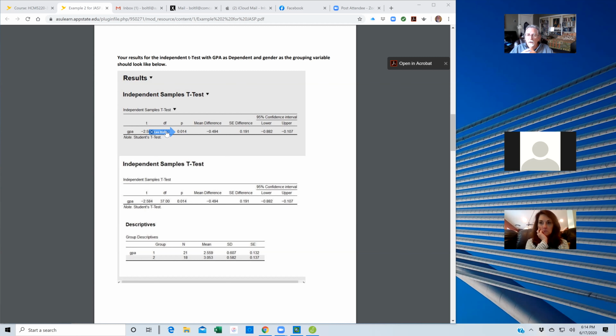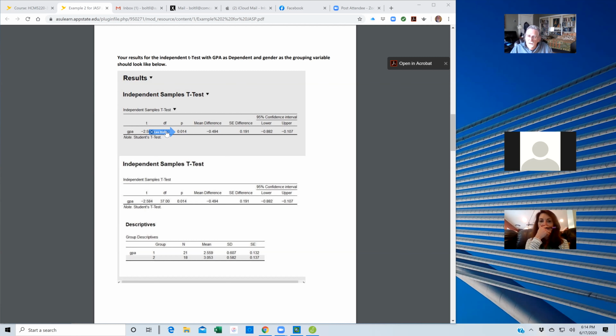So there's only about a 1.4% chance that if you say these two things are different, you will be wrong, that you will have endorsed a false positive. And our standard is less than a 5% chance of a false positive.